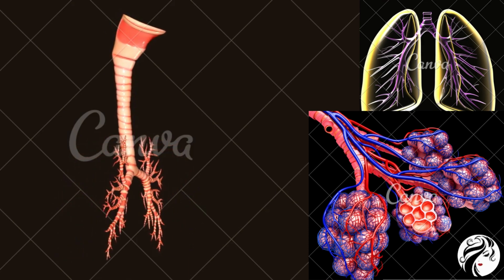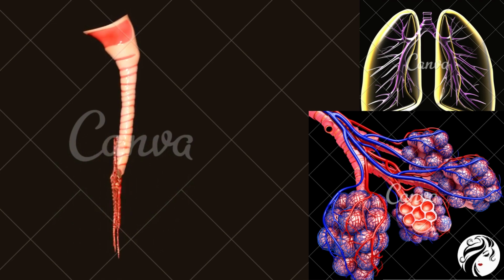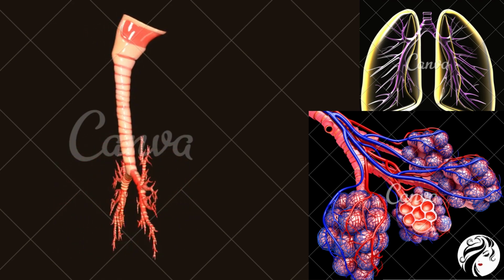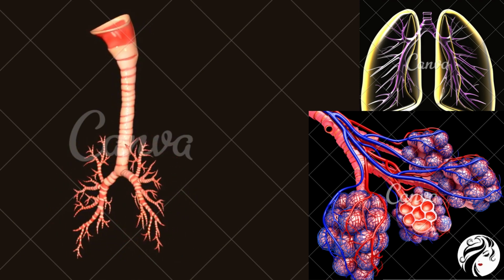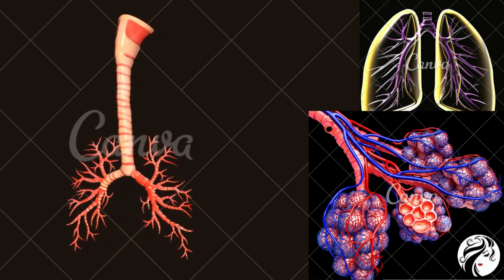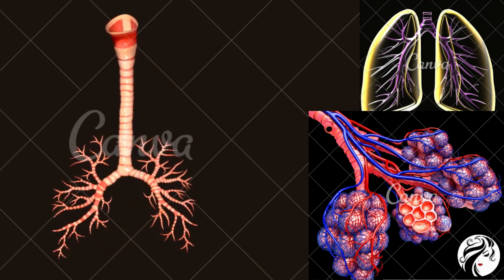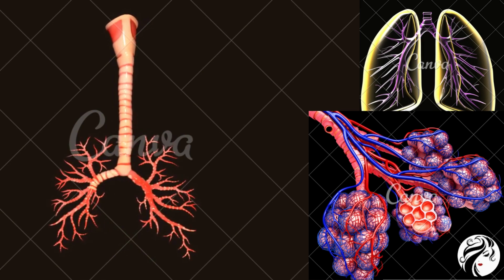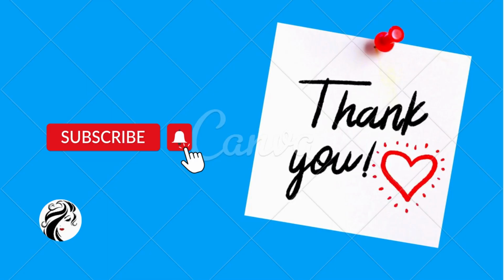In this image, you can easily see how the trachea divides into the right and left bronchus, then the bronchioles, then the alveoli. In the alveoli we have capillaries where the gaseous exchange occurs. Hopefully you understand the whole bronchial tree, how it forms, and how gaseous exchange occurs at the level of the alveoli.